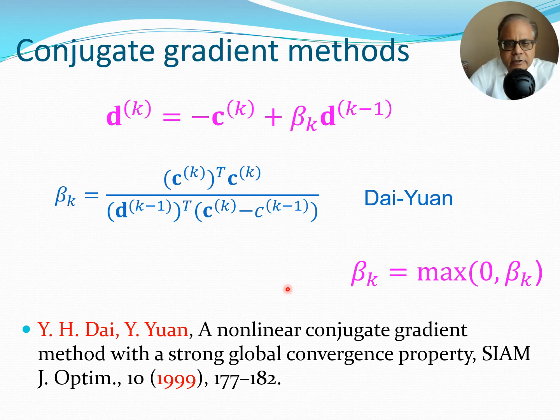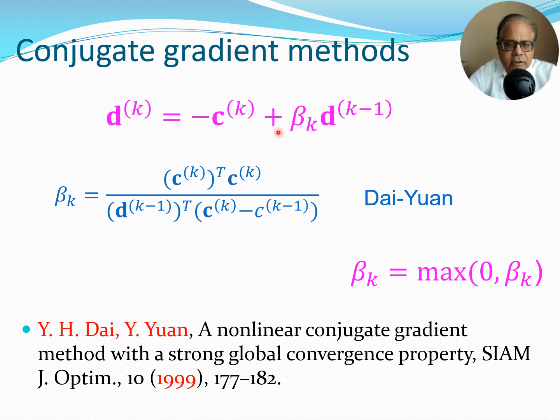But conjugate gradients is not a frozen topic. There are many people who have worked on it. So one of the newer methods is propounded by Dai and Yuan. And this method, published in the SIAM Journal of Optimization, is in 1999. So this is relatively new. And in this method, this particular formula given as beta k here is proposed: ck transpose into ck, divided by dk minus 1 transpose into ck minus 1.